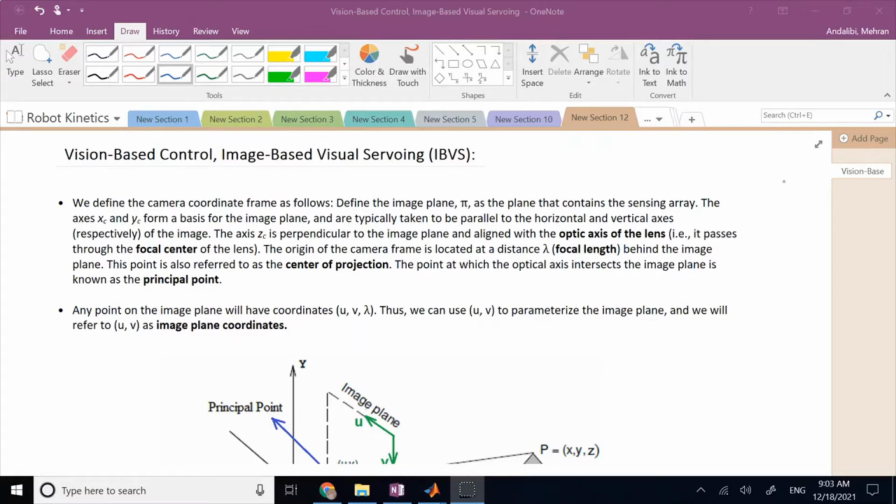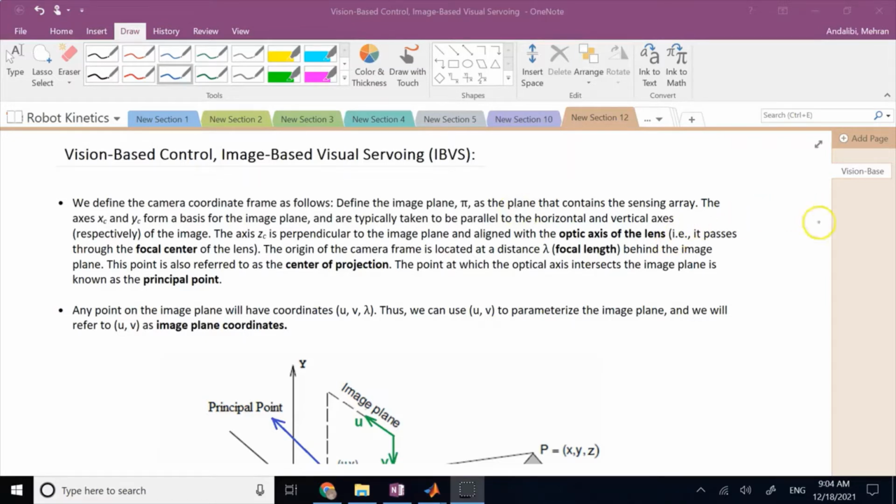So what is it? Basically, you have a camera, or several cameras, attached to the fixed environment, observing the task space of the robot and what the robot does, and trying to guide the robot to what it should do.